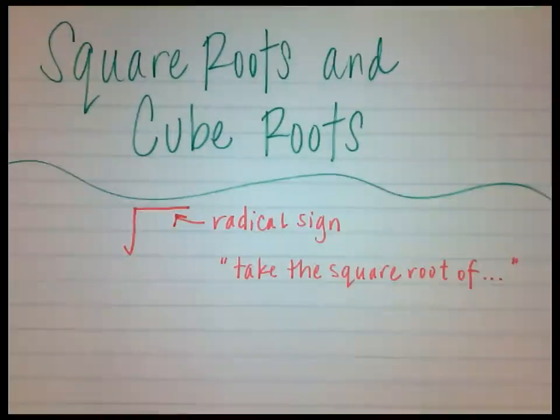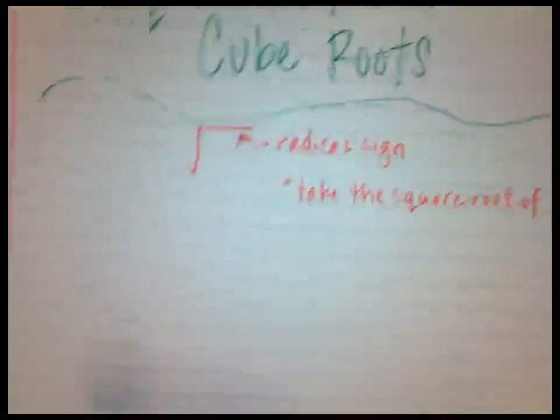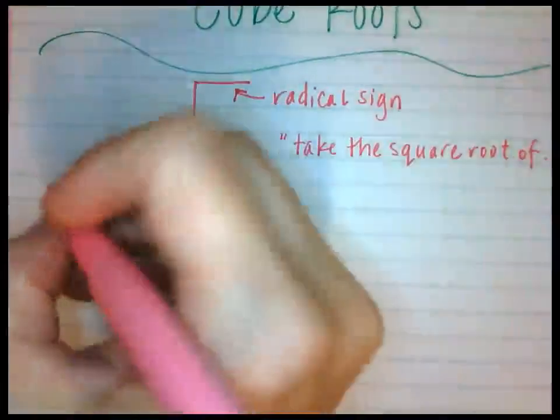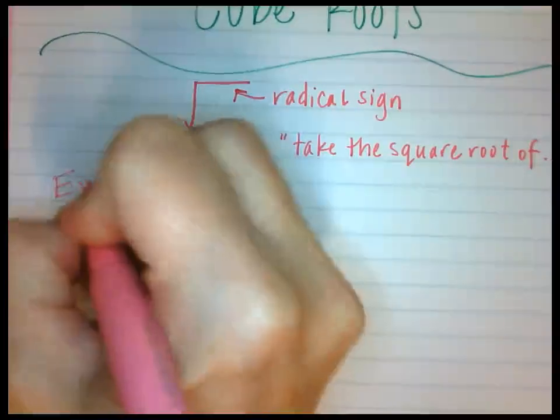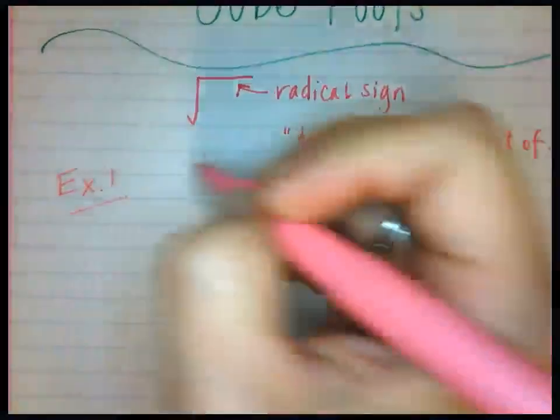Now, taking the square root of something is the opposite of squaring something. So we're going backwards. What that means is that our examples, our questions, are going to look something like this. So we'll just go ahead and jump right into our examples.